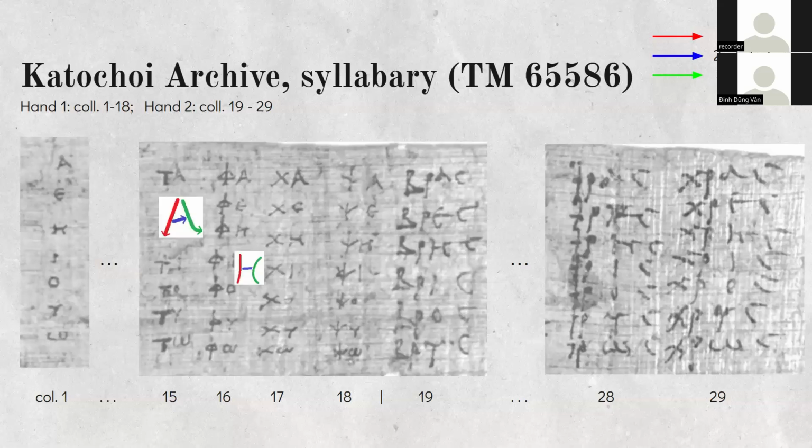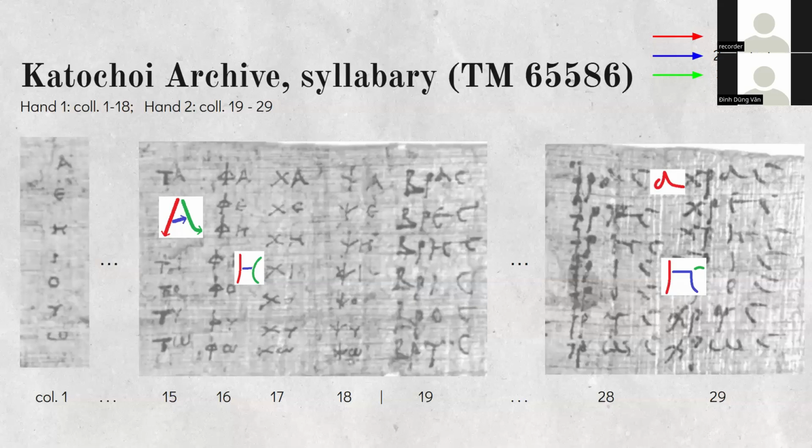If I study this ductus with this order of strokes, first stroke, second stroke, third stroke, alpha in the first hand is done almost always in 3 strokes in this order and direction. And eta is also in 3 strokes in this way. Whereas the second hand has a totally different way to draw these letters.